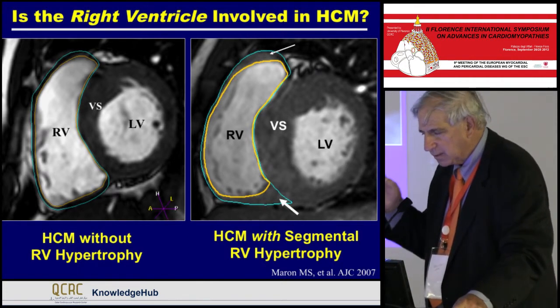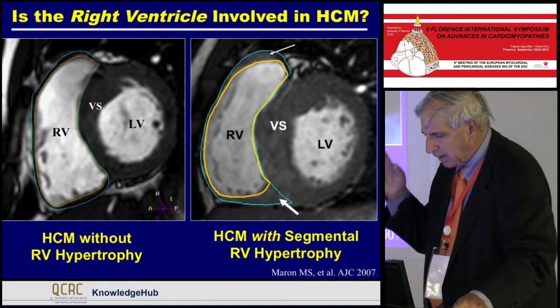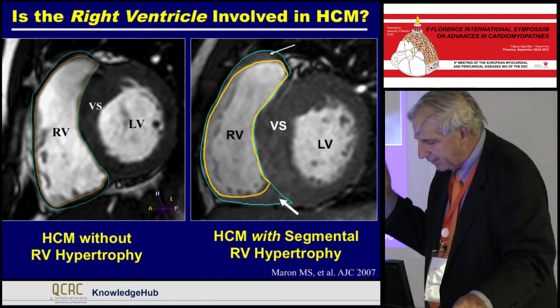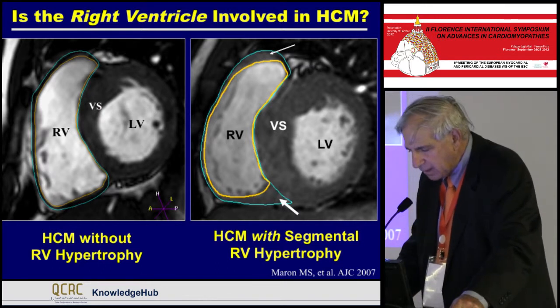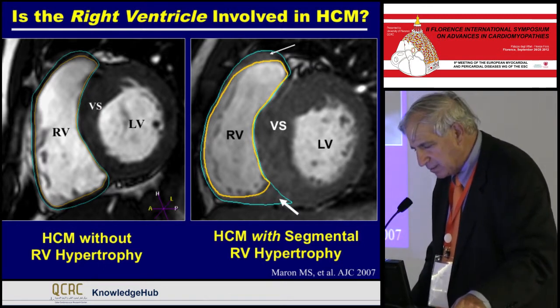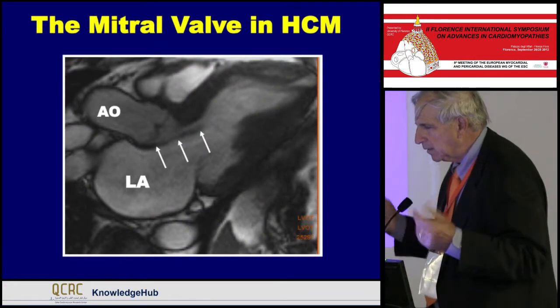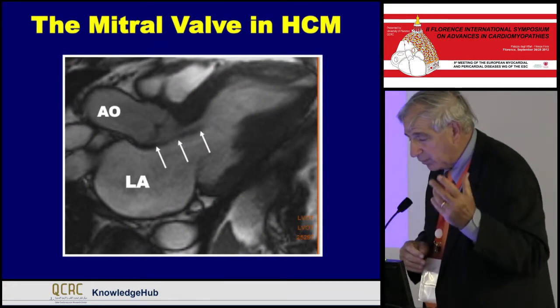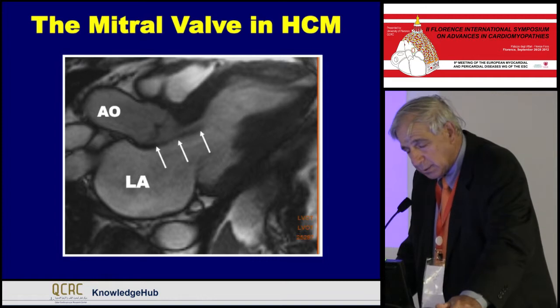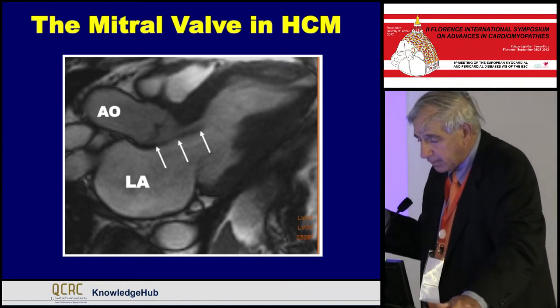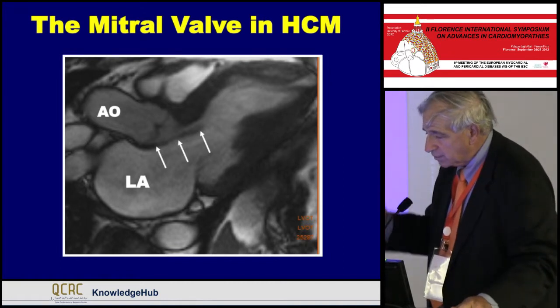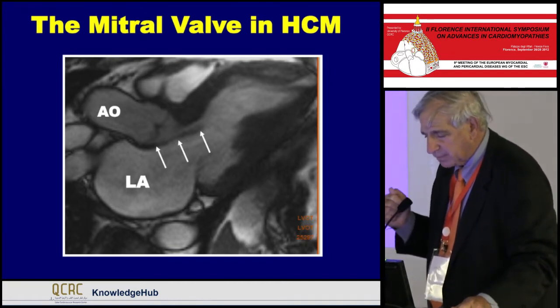There is no data yet that would implicate this morphologic pattern as worse than any other or distinctive in any way. But again, it is demonstrating the anatomy of the left ventricle that we weren't able to know about when confined to echocardiography. And this also includes structures that are not the left ventricle.